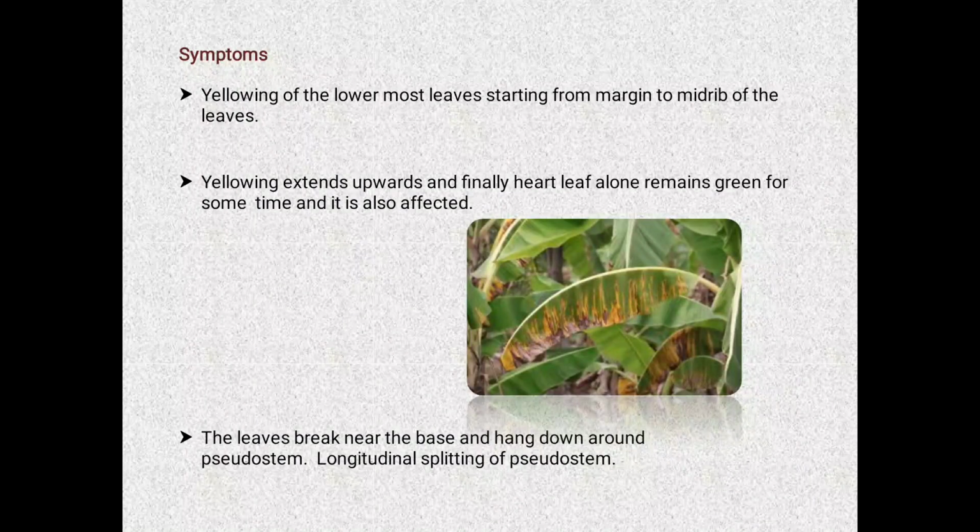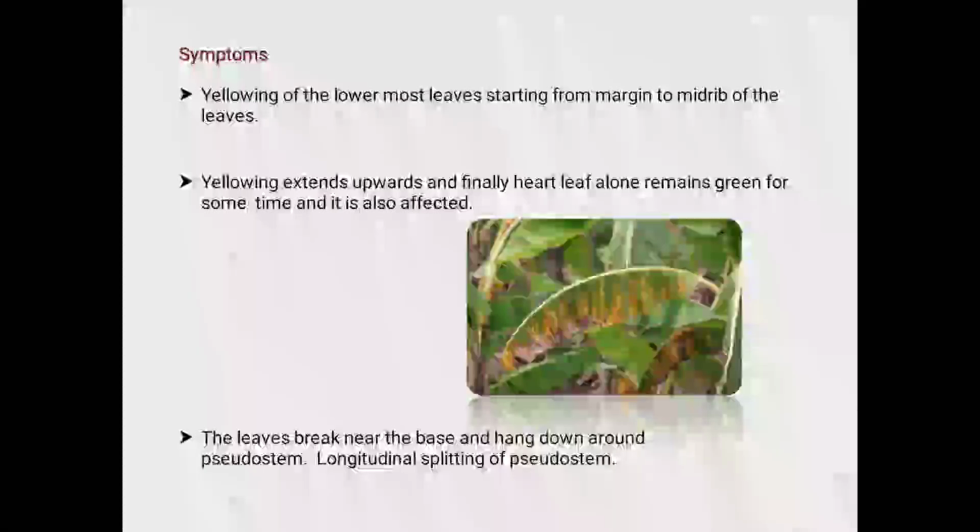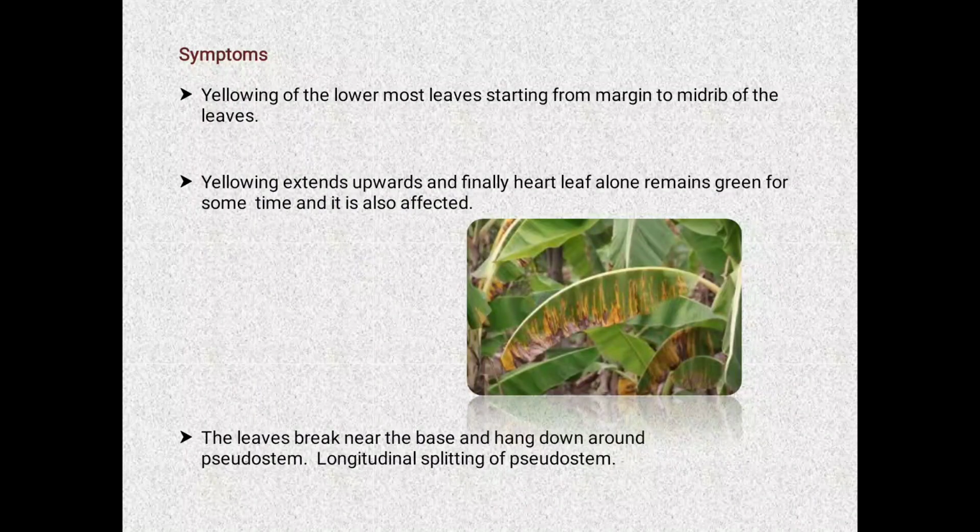In the same fashion, here also you can observe the yellowing is occurring, but the pattern of occurrence of yellow color on the leaves is different from other diseases. It starts from the margins of the leaf and gradually spreads towards the midrib.